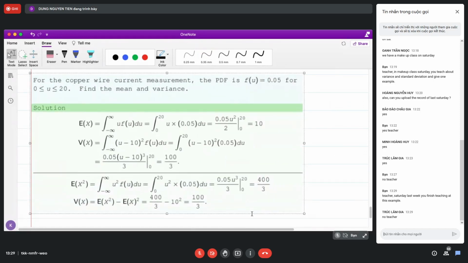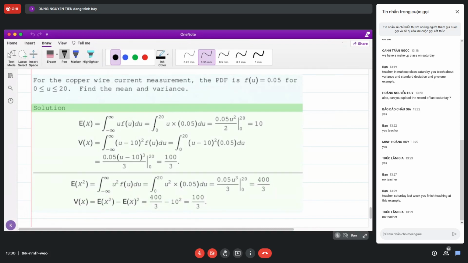Now get back to the example of the current in a thin copper wire. Then you can get the probability density function f of u equals 0.05 for u between 0 and 20. And then you want to find the mean and the variance of x. It is easy to find the mean. The mean of x is simply the integral from minus infinity to infinity of u times f of u.